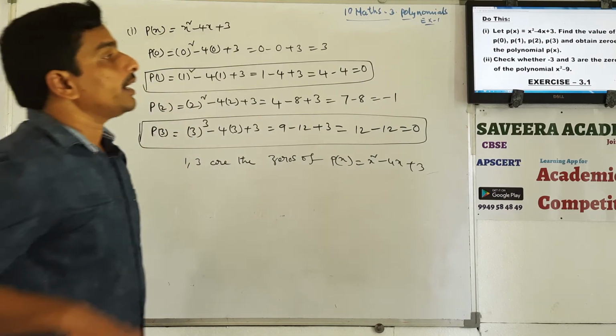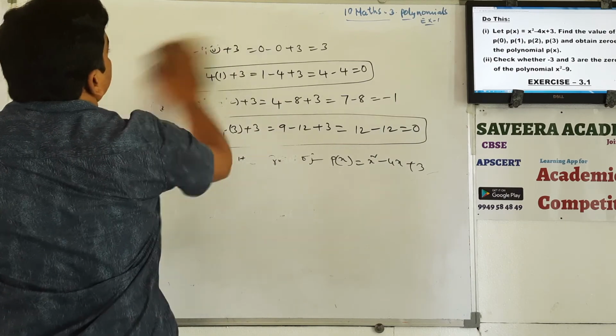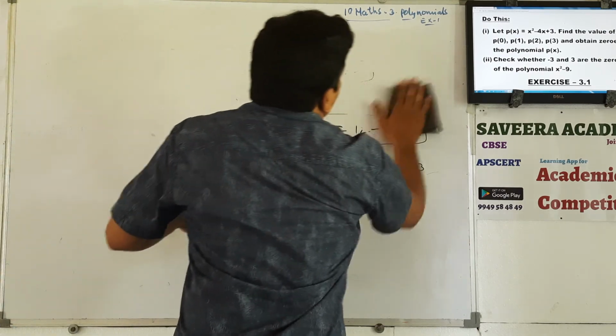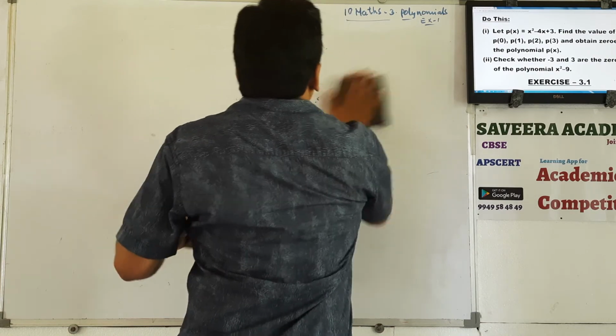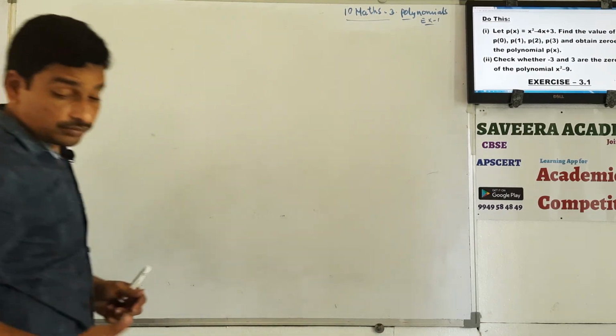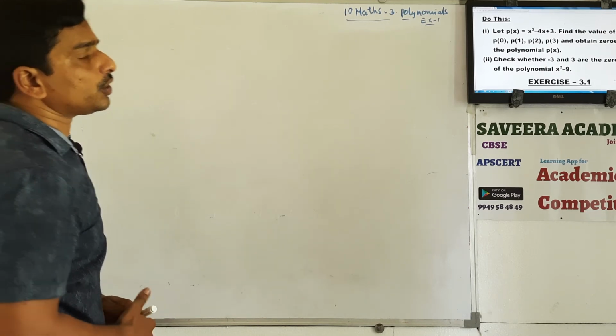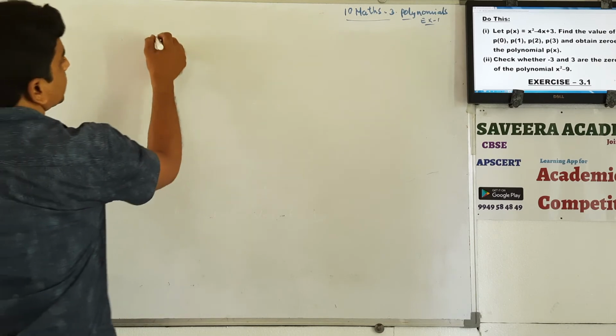Okay, next, let us see the second one. Check whether minus 3 and 3 are the zeros of polynomial x square minus 9.